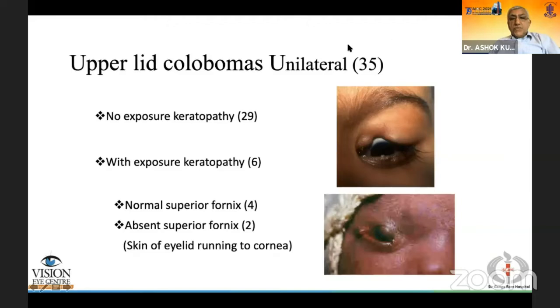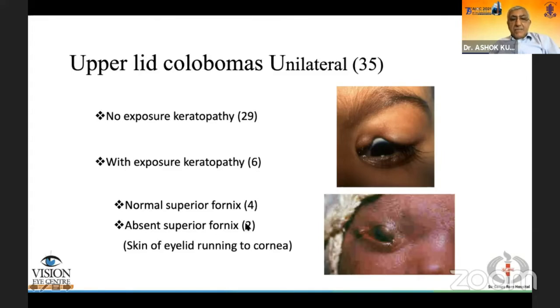Most often they are unilateral, 35 of 43 in our series, and these are usually benign with no exposure keratopathy. Exposure keratopathy is relatively less common in these cases, constituting only about 6 of 35.